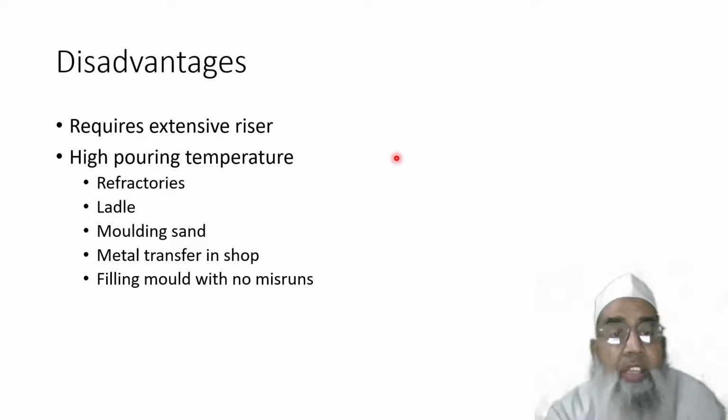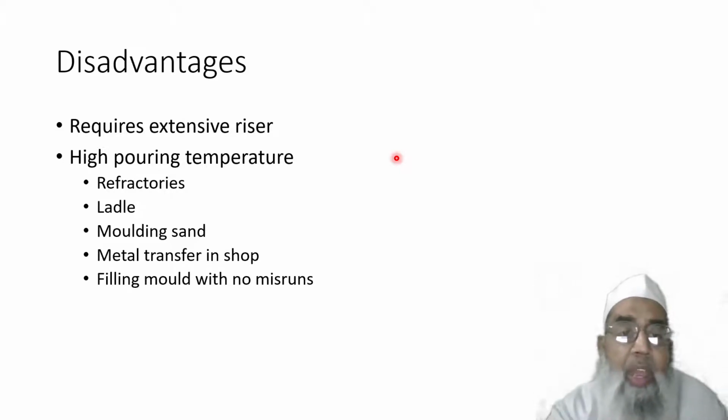Therefore, refractories, ladle, molding sand, metal transfer in the shop, and filling the mold without misrun become difficult, and therefore we have to keep an eye out, take precautions and make little modifications so that we can overcome all these problems and have a sound product without any defect.